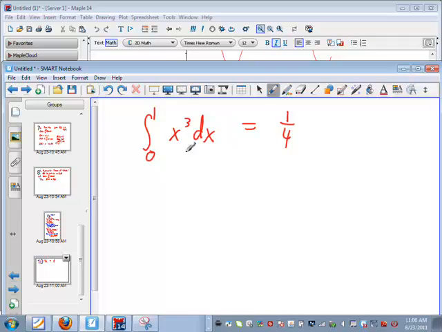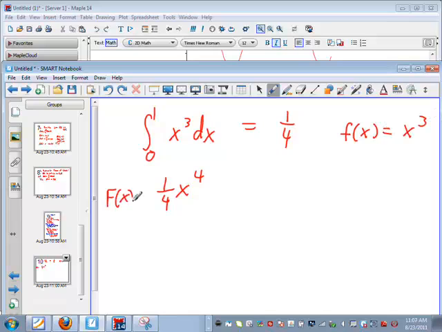I need a function whose derivative is x to the third. Give me one. 1/4 x to the fourth is an antiderivative of x to the third. So in this case, f of x is x to the third, and capital F of x, which is the antiderivative, is 1/4 x to the fourth.